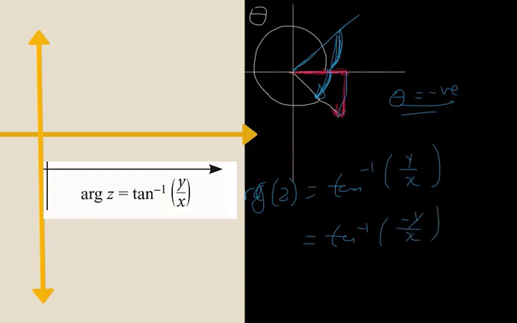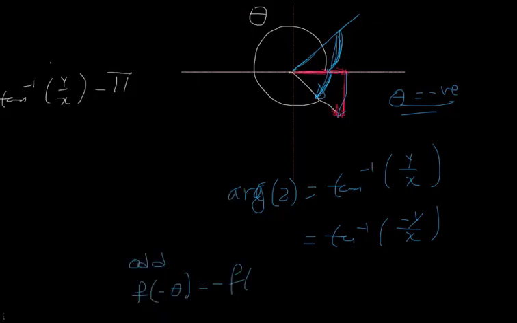Tan is an odd function, which means it satisfies f of negative theta equals negative f of theta. Tangent is one of the odd functions, therefore it satisfies negative of tan inverse of y over x.